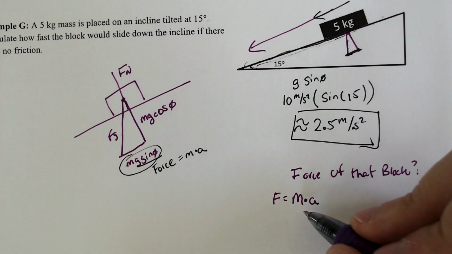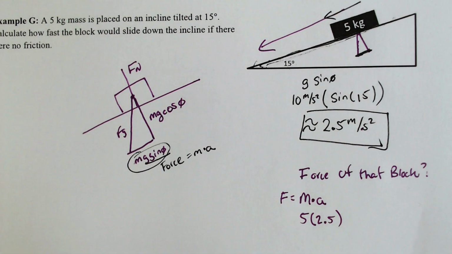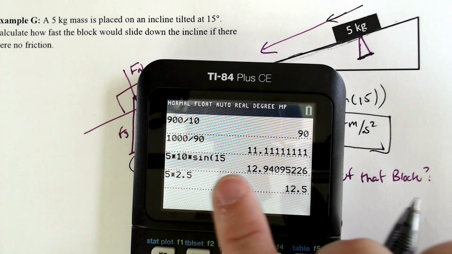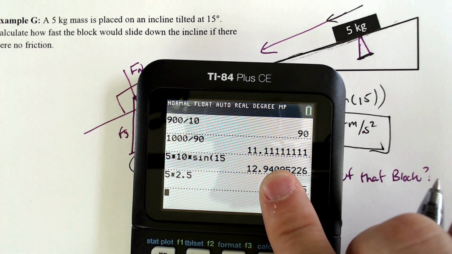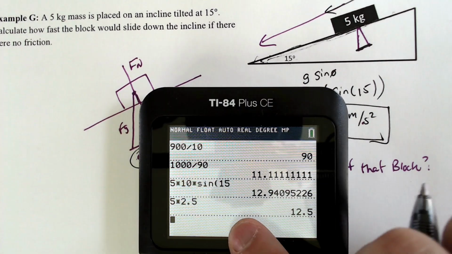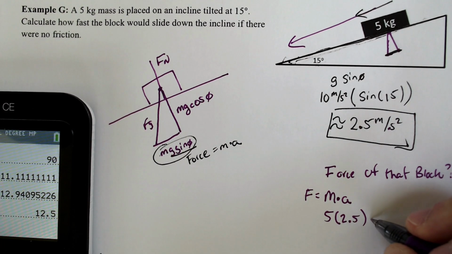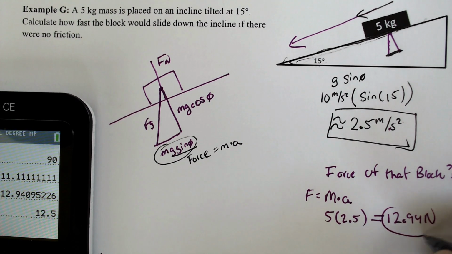So if its mass is 5 kilograms, 5 times the approximate 2.5 gives you 12.5. However, I've done it a little more precisely here. 5 times 10 times sine of 15 gives us exactly 12.94. And that would be 5 times sine of 15 times the 10. And this is going to be, in reality, 12.94 newtons.